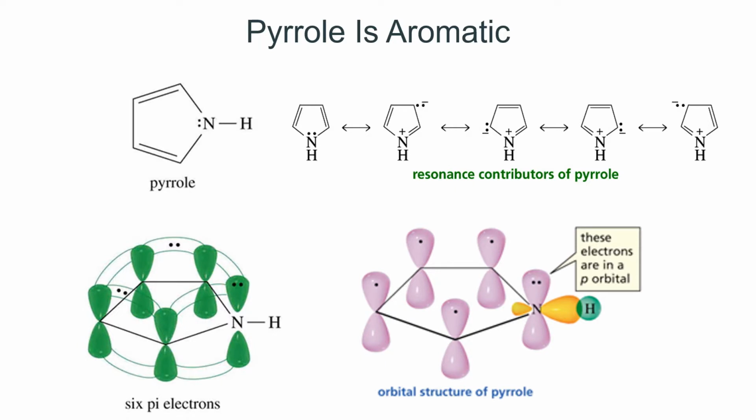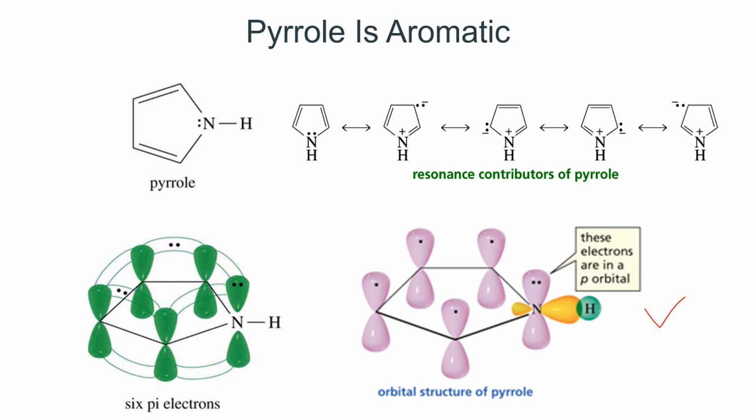From the figure we can see that pyrrole is an aromatic compound because it follows the 4 basic criteria for aromaticity. This compound is cyclic, it is planar, every atom in the ring has a p orbital, and it follows Huckel's rule.